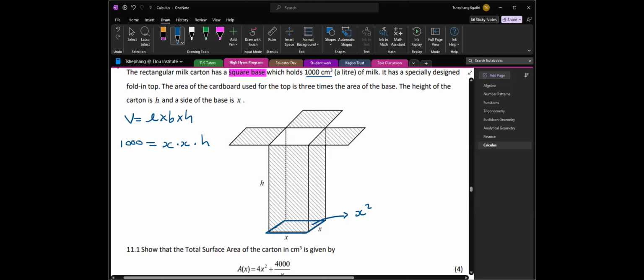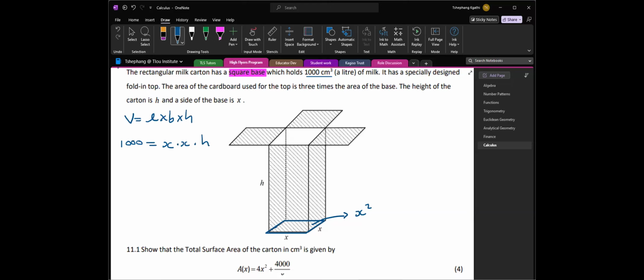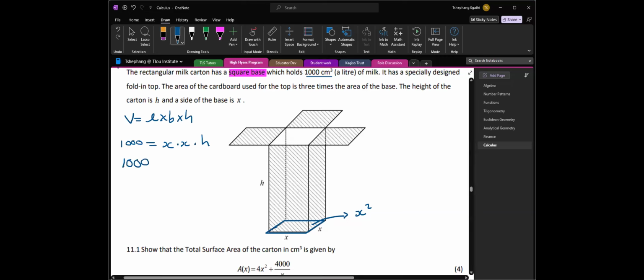Length times breadth is the area that we calculated there, so I could have just substituted x squared. I'm just doing this so that you guys are with me. x squared multiplied by h. Now we can find h in terms of x. h equals 1000 over x squared.